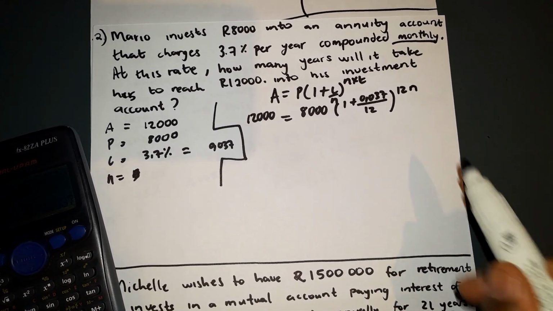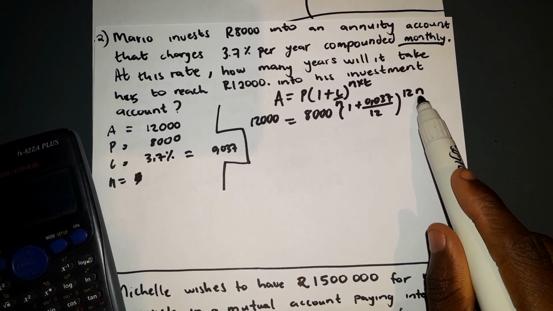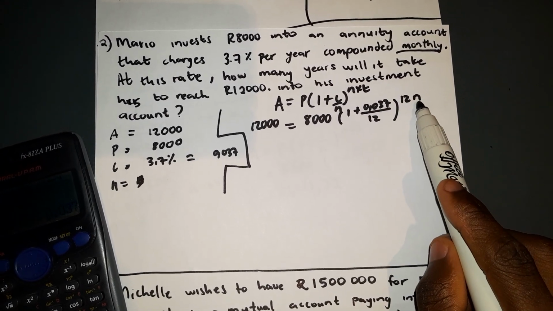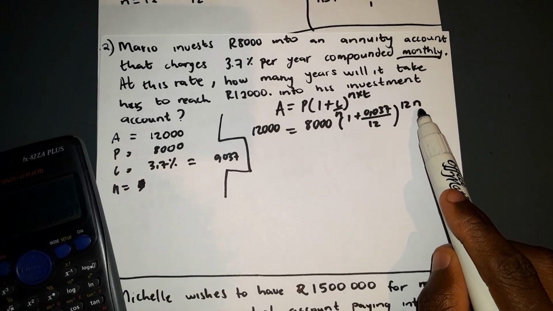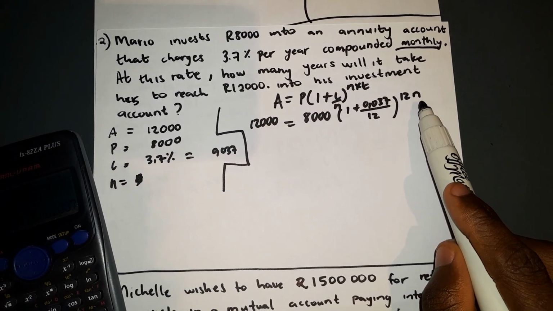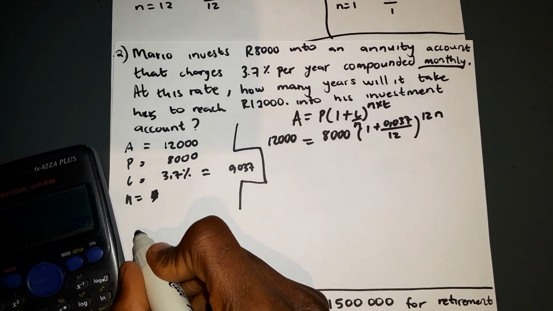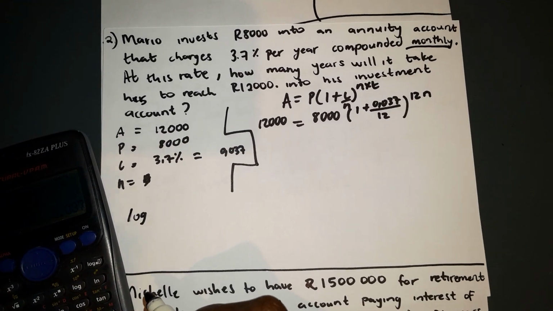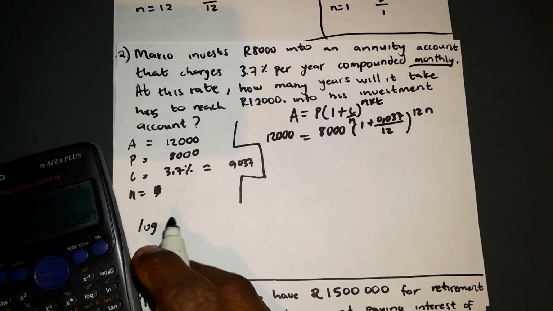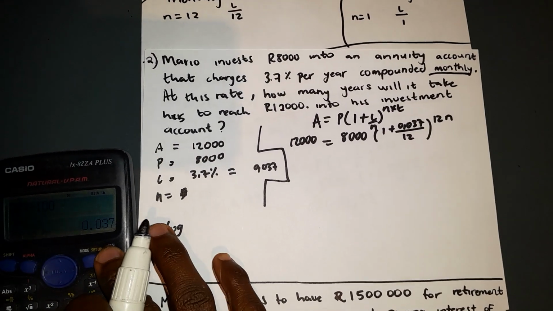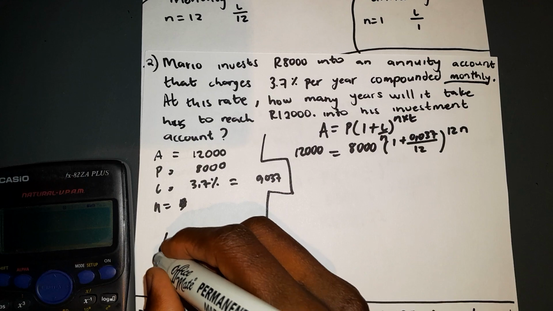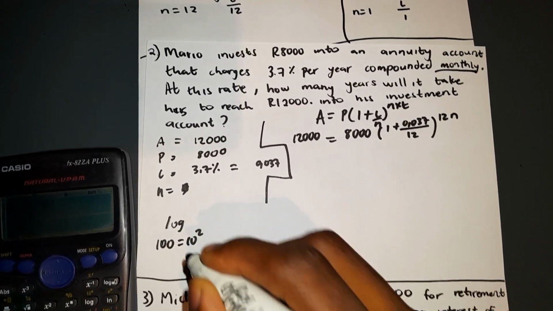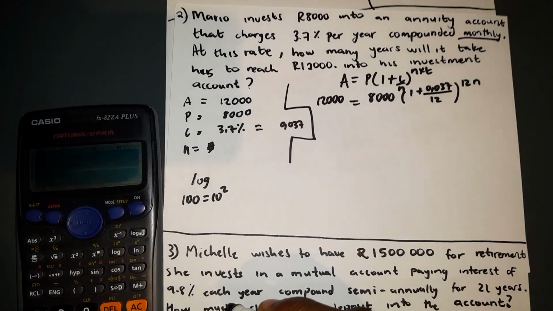Since we have an exponent here, and the exponent is a variable which we need to solve, it means we can use the logarithm, if most of you know it. So under logarithm, let's say we know that 10 squared equals 100.